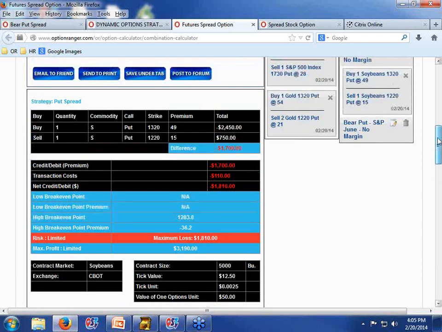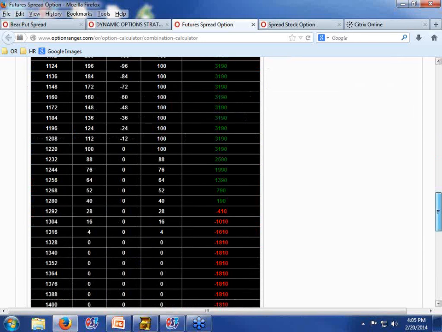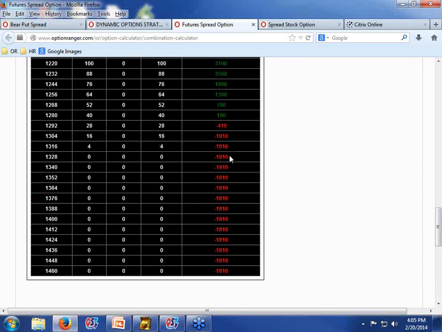Okay, your maximum risk is 18.10. So if your maximum risk is 18.10, you want to have a break-even premium level, let's say, where you can say I'm going to risk $900. And if this premium, when I get a bid and ask, is down to $900, I lost $910.